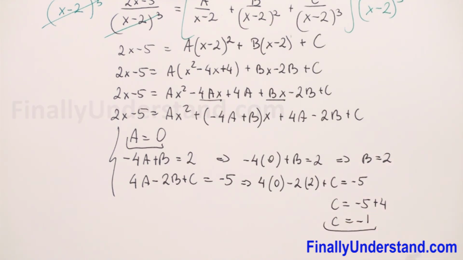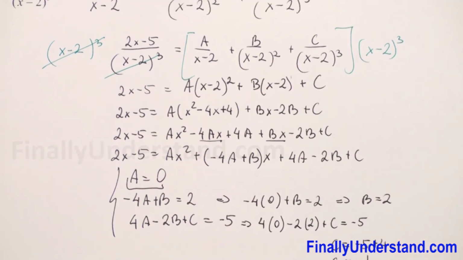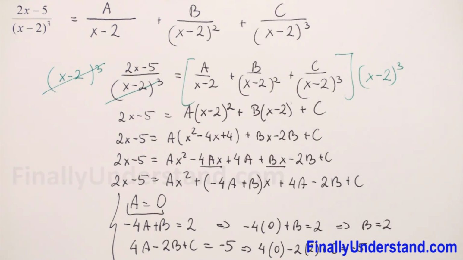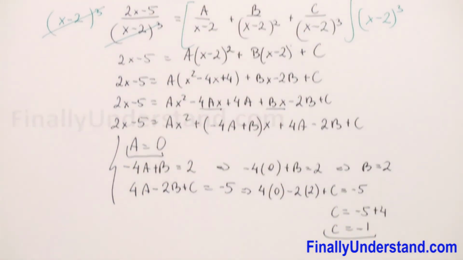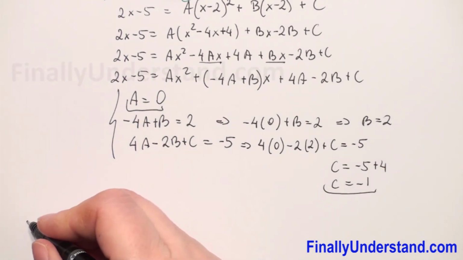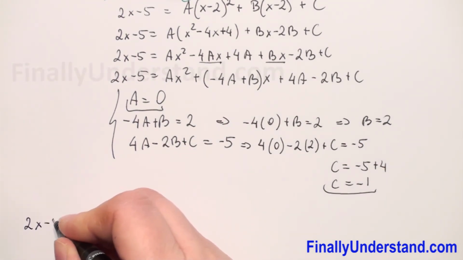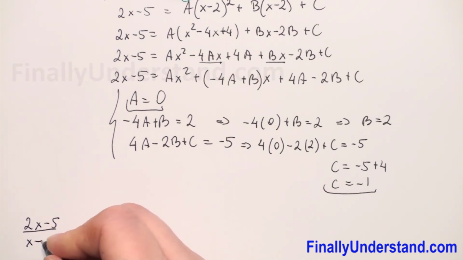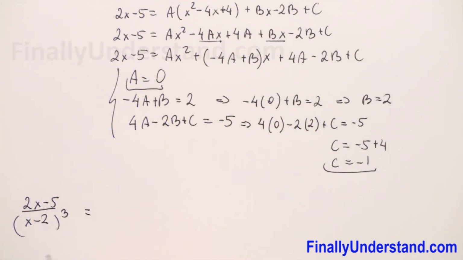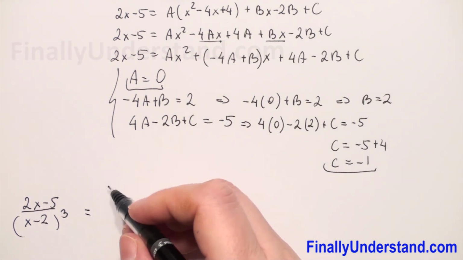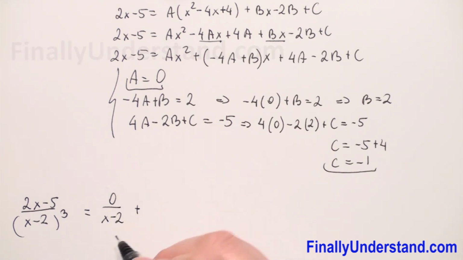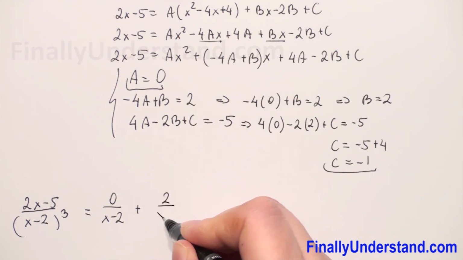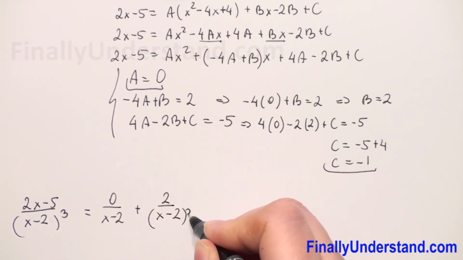We found A, B, and C, so we can now come back to our partial fractions and substitute A, B, and C. So let me copy the beginning. We have the original fraction 2x minus 5 over x minus 2 to the third power. So this is equal, A is 0, so we have 0 over x minus 2 plus B is 2 over x minus 2 to the second power.